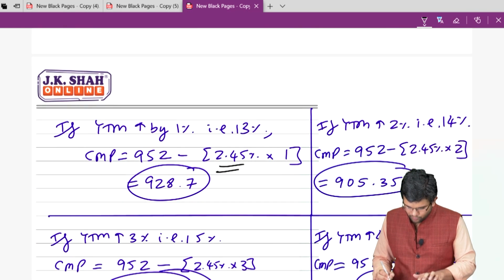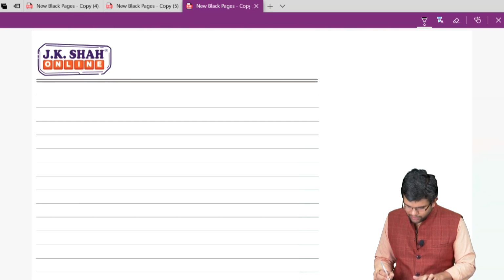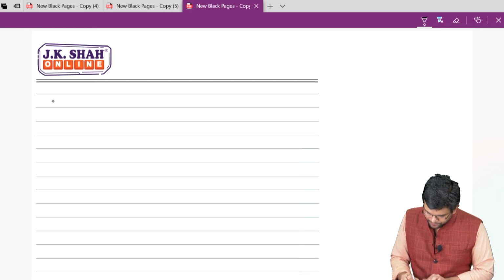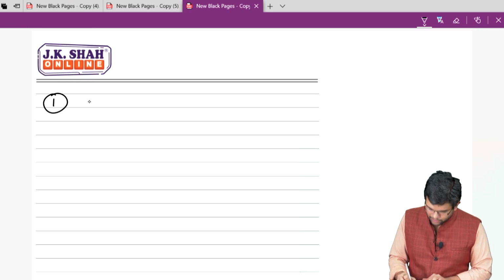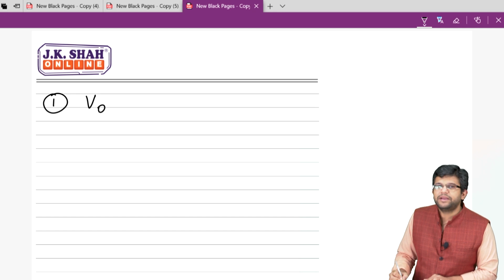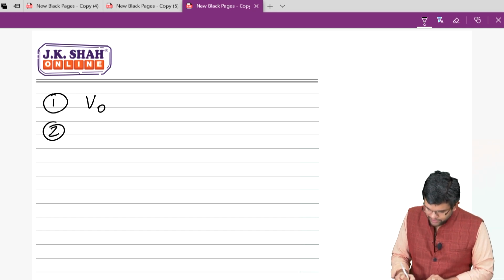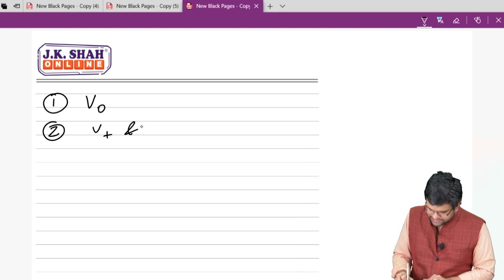So children, tell me, what will be the steps for calculating convexity? Therefore, children, the first step is to calculate the V0. The second step, children, will be to calculate the V plus and V minus.